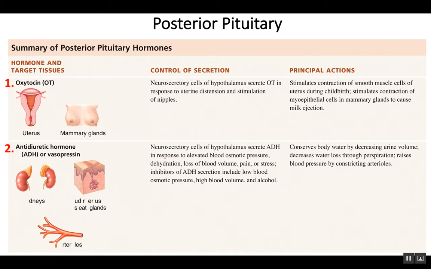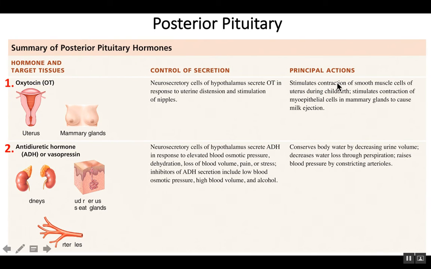Oxytocin targets 2 main organs. One is the uterus, in that it stimulates uterine contractions during childbirth. The next are mammary glands, where it triggers the release of milk from the breast, or milk ejection. So again, they are produced at the hypothalamus. They are transported to the posterior pituitary and then released.